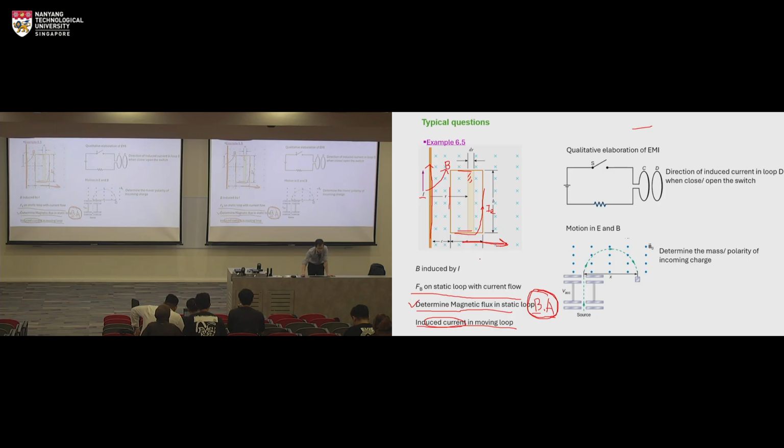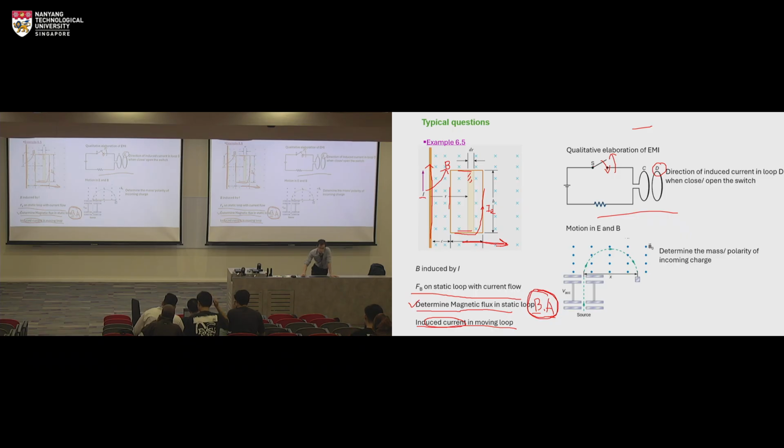Of course, for this kind of question, everything is integrated together, or in some a little bit simpler scenario, let's say in this kind of circuit, we can ask you to determine the induced current in the loop D, whether when you close the switch or open the switch.